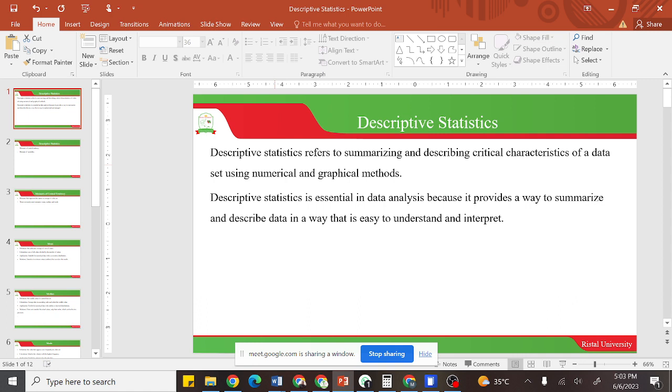So, for example, you can have a class of, let us say, 10 students. You give them a test, and they have different scores. You can get 60, 70, 80, 90.